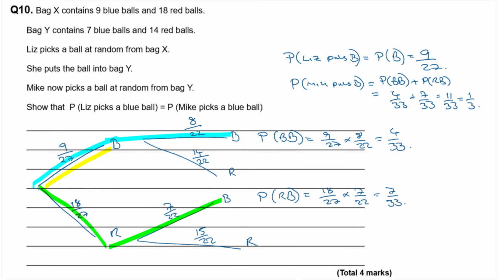It's a third. But then again, so is 9/27. That's also a third. So I've shown that the probability that Liz picks blue is 1/3, and the probability that Mike picks blue is 1/3, which is spookily the same. I can say they're equal. There we go. Job done.